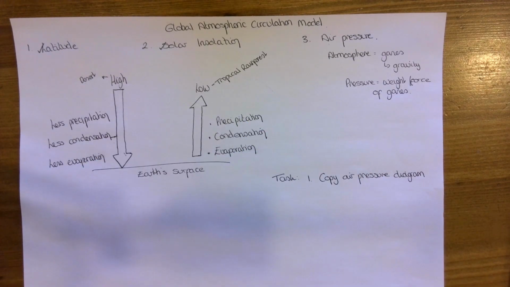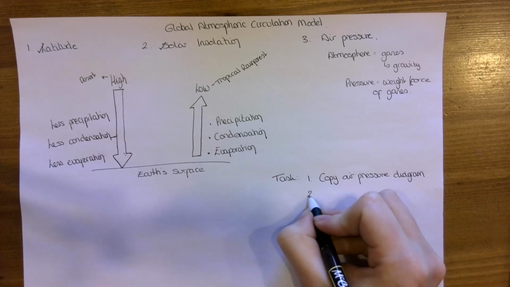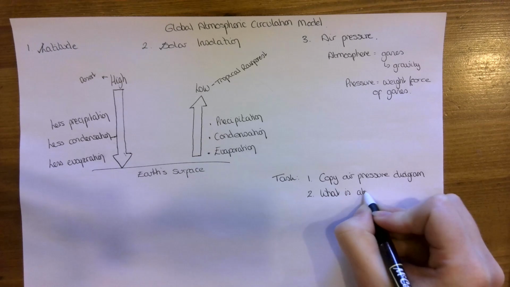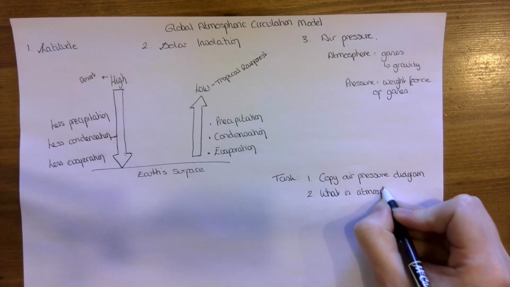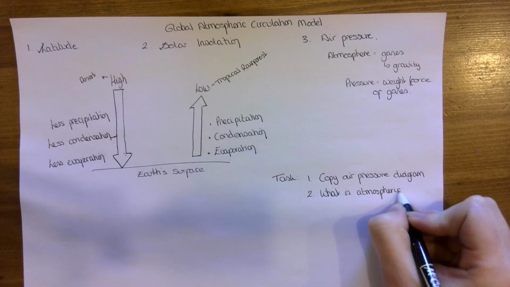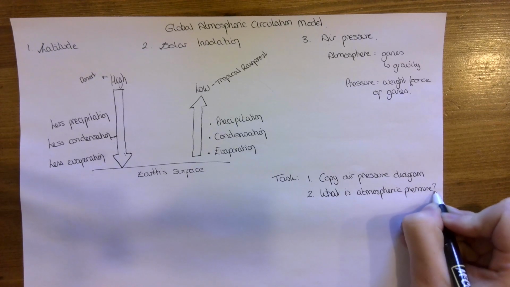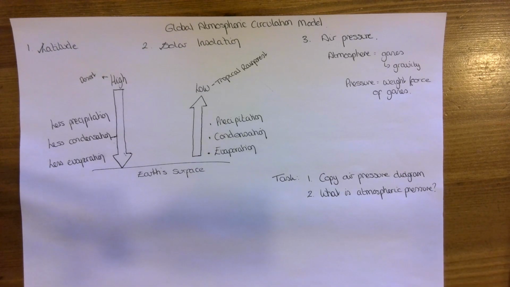You might want to add some additional explanation in a moment if you want to. I want you then to tell me what is atmospheric pressure. So remember that the atmosphere is made up of the gases that are held in place by gravity, and the pressure is the force of those gases pushing down.